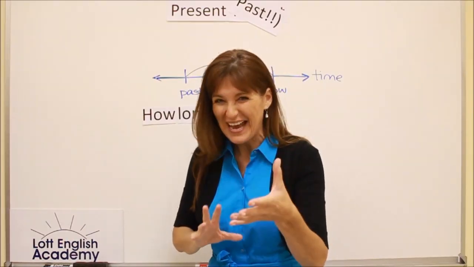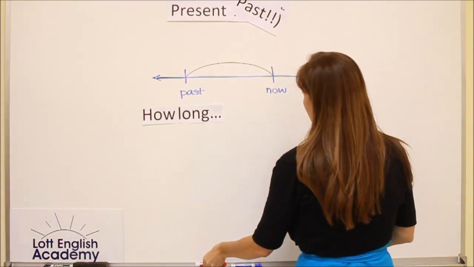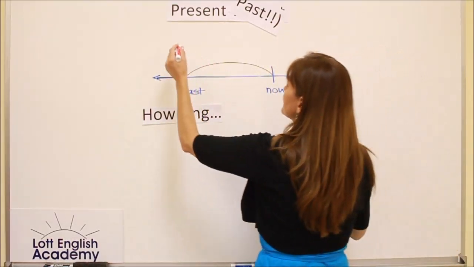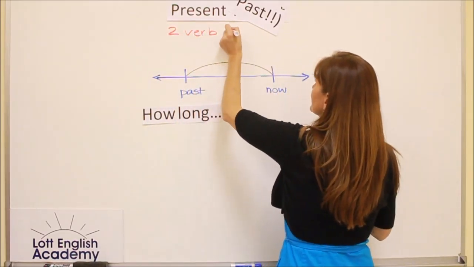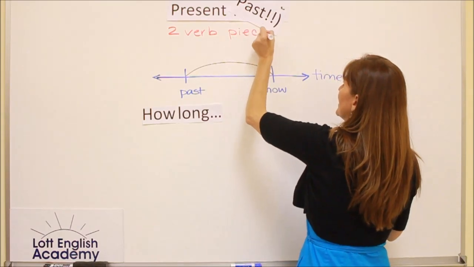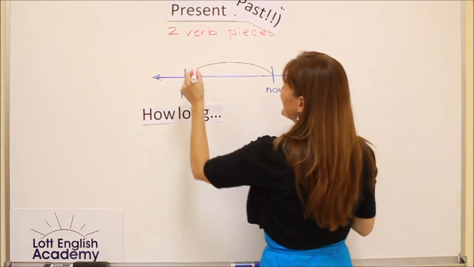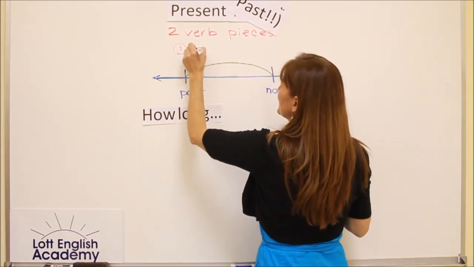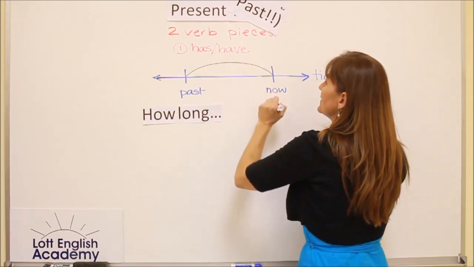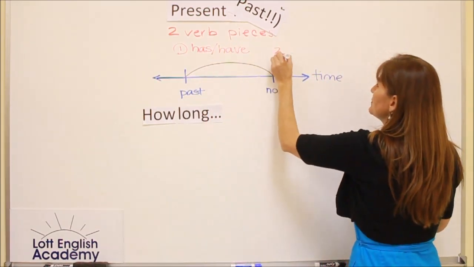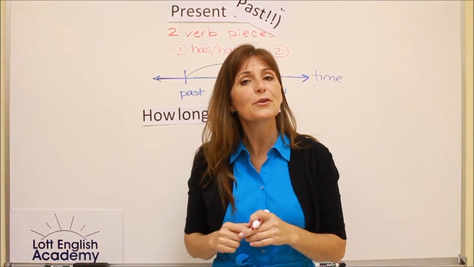The grammar we need is two different pieces, so it's going to have two verb pieces. The first verb is either has or have. The second verb piece is your main verb in the third form.